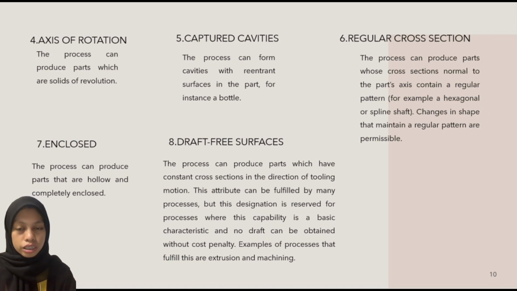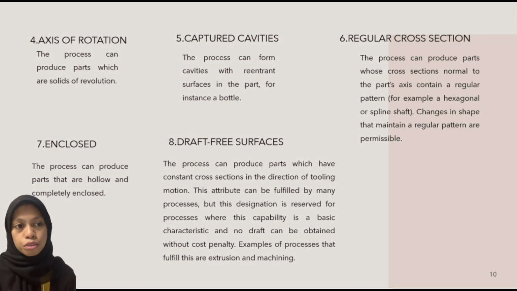Sixth, regular cross-section. The process can produce parts whose cross-sections normal to the part's axis are contained in a regular pattern. Changes in shape that maintain a regular pattern are permissible. Seventh, enclosed. The process can produce parts that are hollow and completely enclosed. Eighth, draft-free surface.